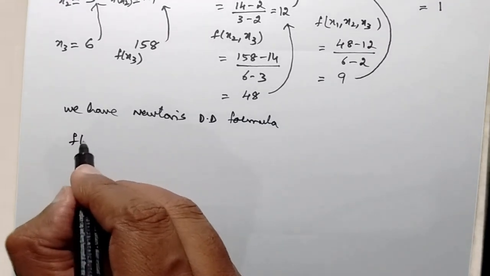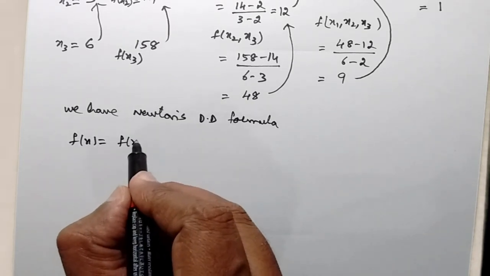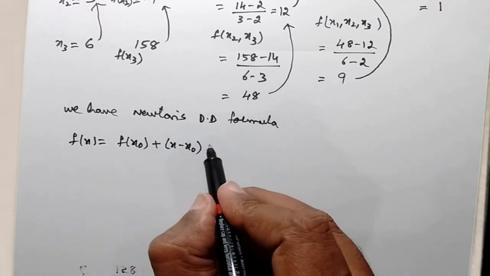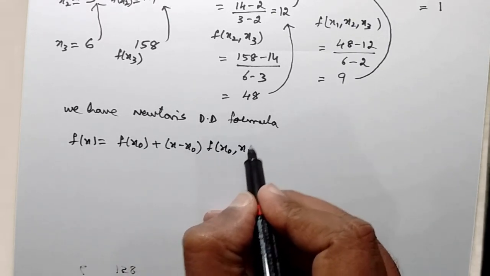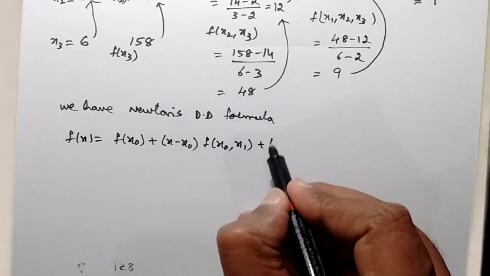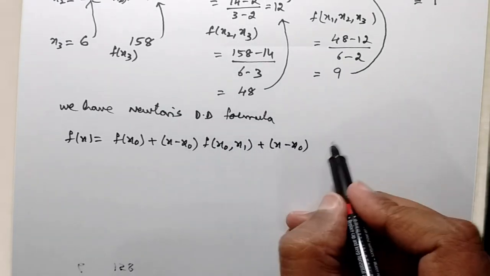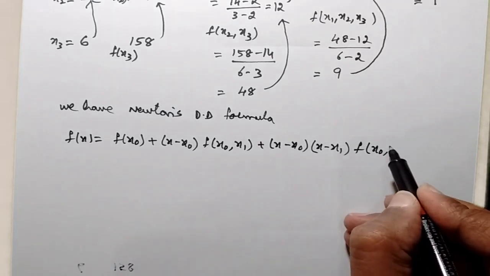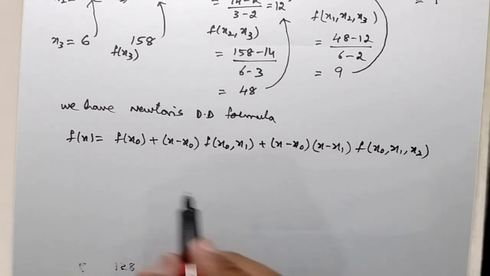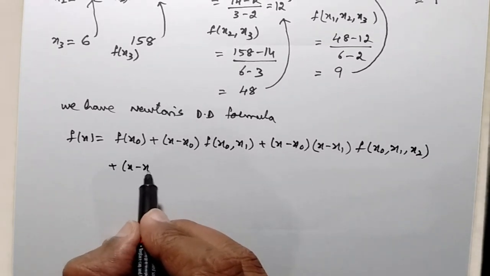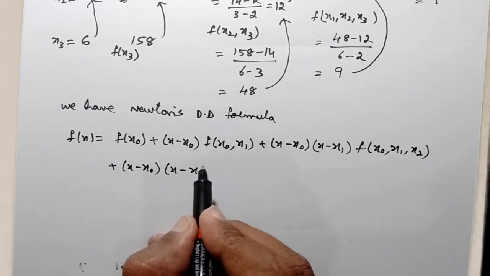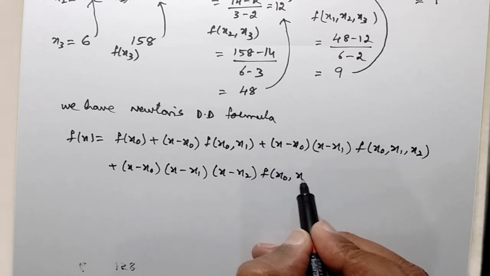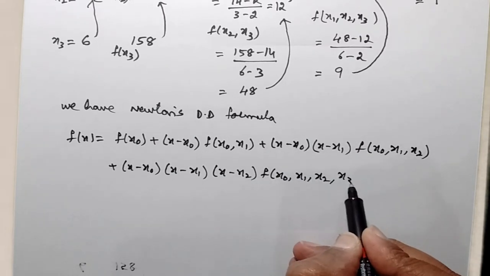So you have f of x equals f of x0 plus x minus x0 f of x0, x1, plus x minus x0, x minus x1, f of x0, x1, x2, plus x minus x0, x minus x1, x minus x2, f of x0, x1, x2 and x3.